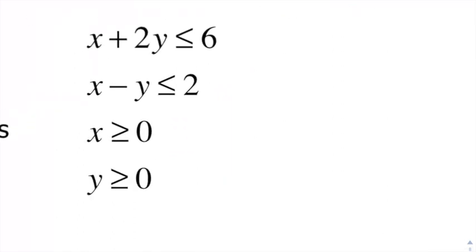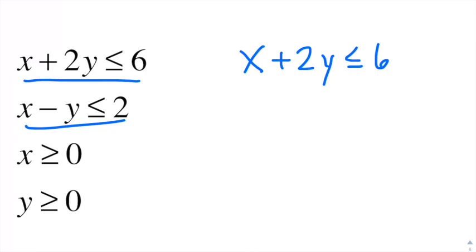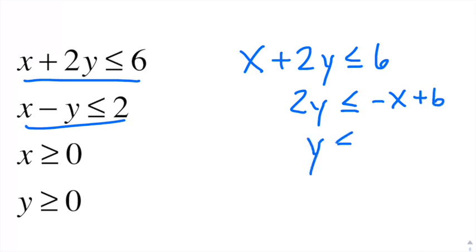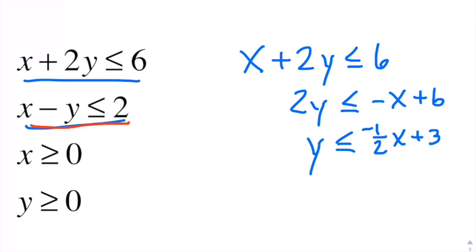So first of all, we've got two equations we need to solve for, so we can graph them. We're going to say x plus 2y is less than or equal to 6. We're going to subtract over the x, so that'll be negative x plus 6, and then divide by 2. And that'll be y is less than or equal to negative 1/2 x plus 3. Okay, and then let's do this next one here in red.